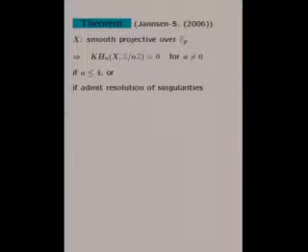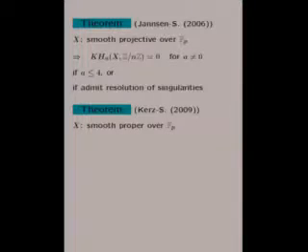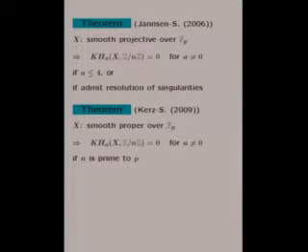Of course, this is not known over a finite field, so this is a conditional result. Then in 2009, in joint work with Kurz, we were able to remove this annoying assumption on the resolution of singularities.